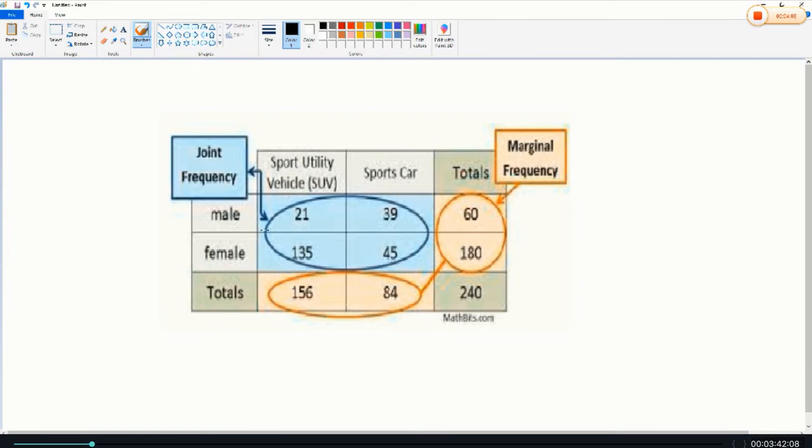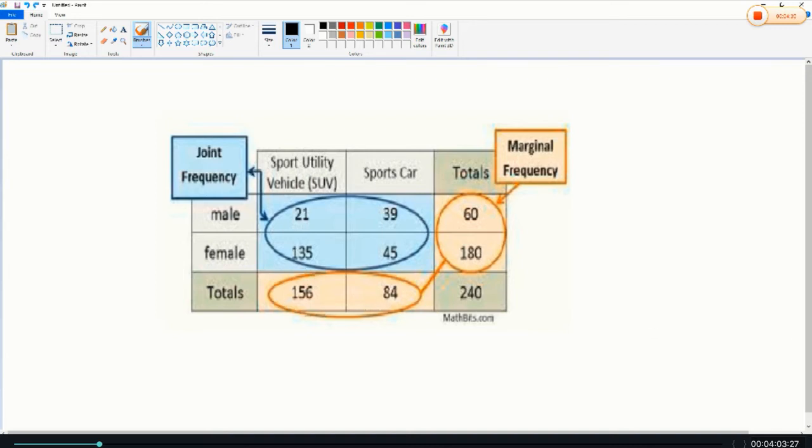So as you see right here, all males, the marginal frequency is 60 because there's 60 total males. Or like down here, sports utility vehicles, there's 156 total sports utility vehicles, and that's the marginal frequency.